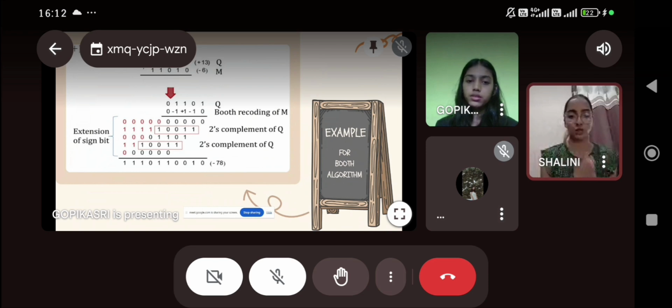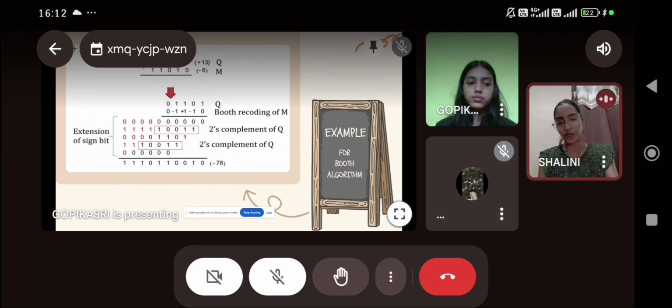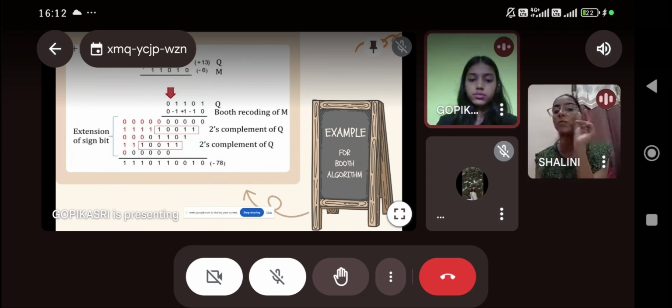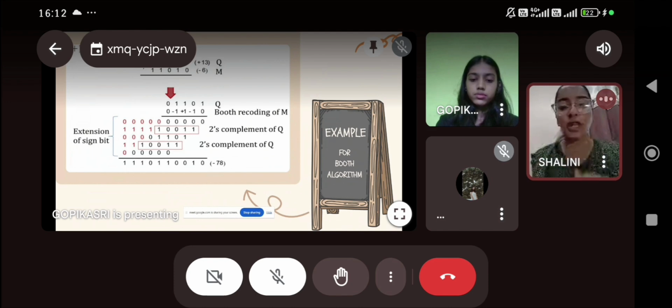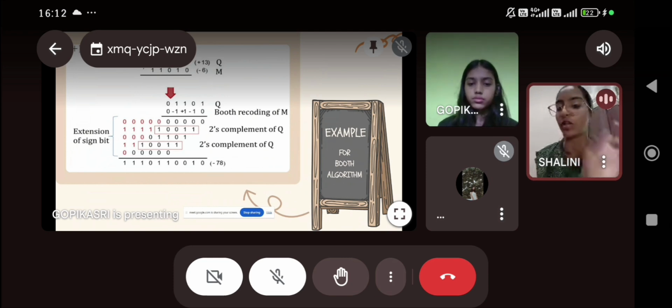So to get that, we are extending the value with respect to the most significant bit. For example, first we are multiplying 0 with q, and all the result is 0. See the red markings, they are the extensions of the actual result, making it 10 bits in total.